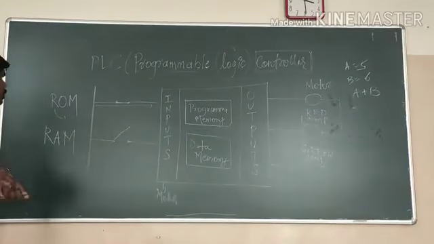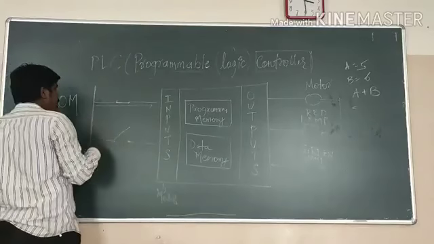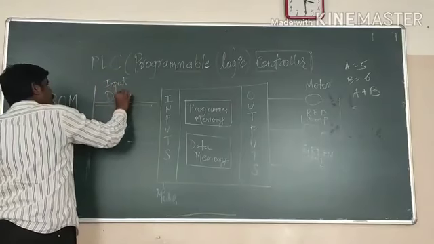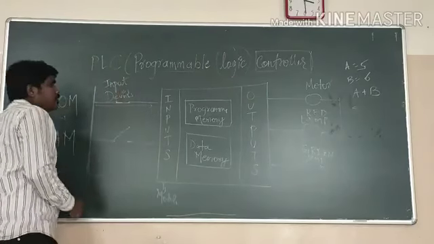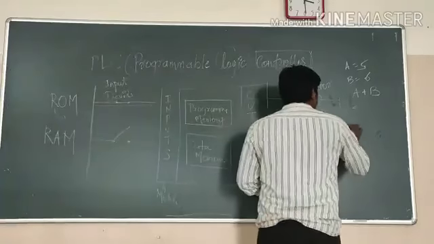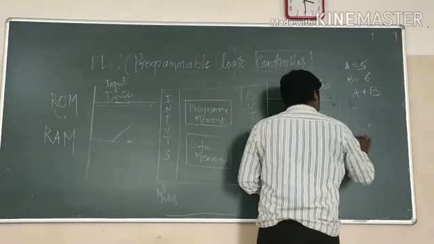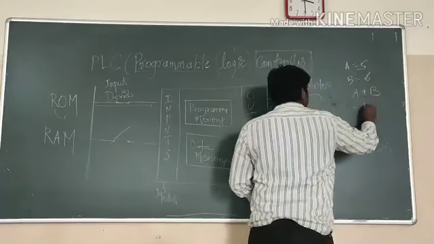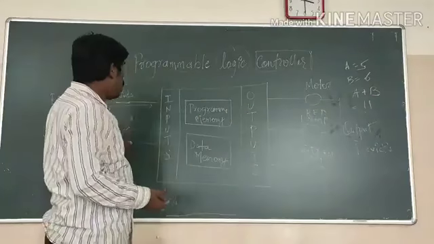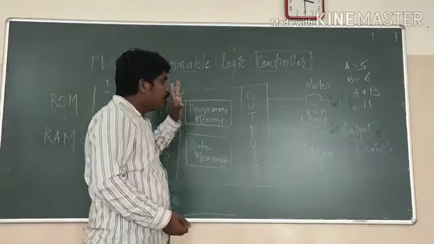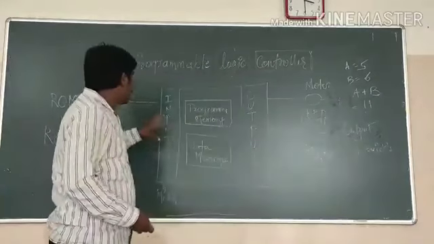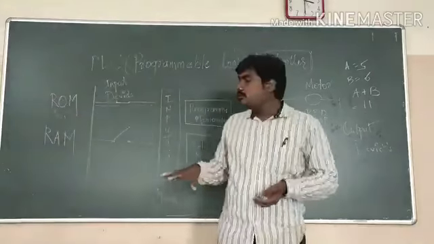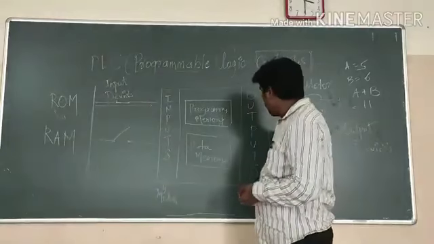So all the input devices will be connected here, and here output devices will be connected. All the inputs will be connected here and all the outputs will be taken out from here. For connecting the inputs, PLCs are classified according to their modules: input module and output module.